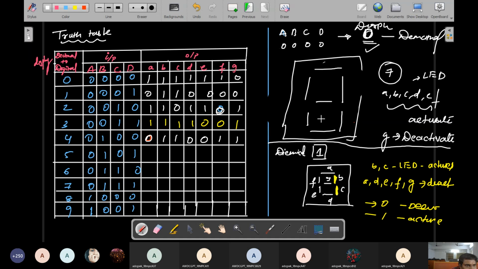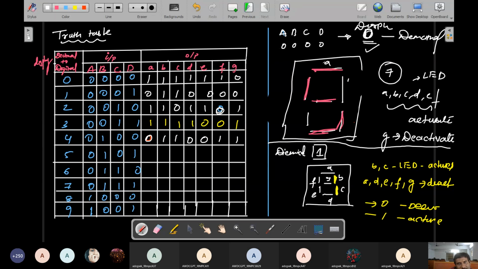If you select 5 as a decimal and want the number 5 in this display, I am using red color. See, this is activated, this is activated, this is activated, this is activated, and this is activated. So the pink color shows 5.